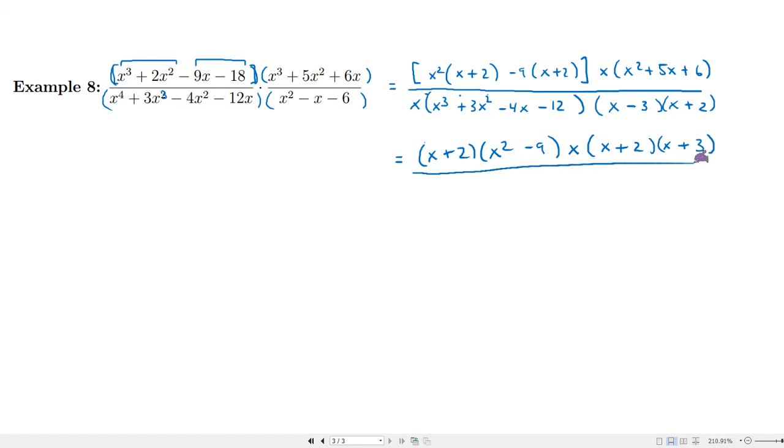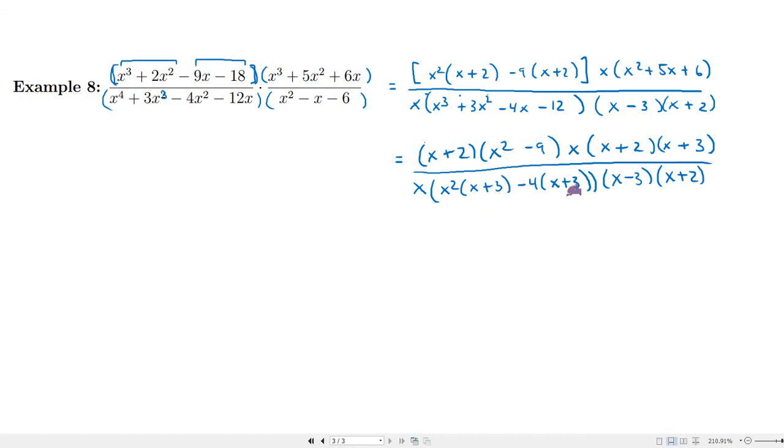And then this denominator here, this x, and now let's try the factor by grouping on this one. So we would have x squared, and then x plus 3. And then if I factor out a minus 4, we will have an x plus 3. And this is x minus 3, x plus 2.